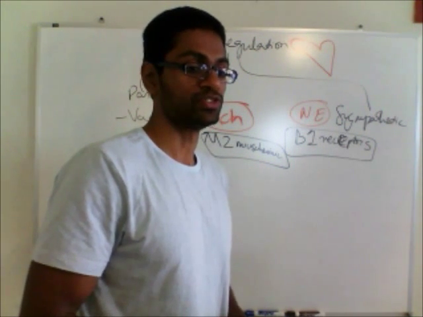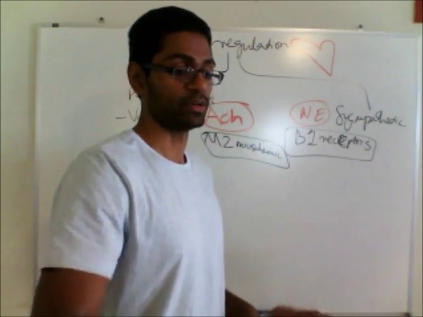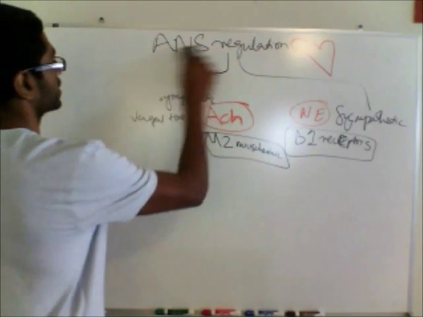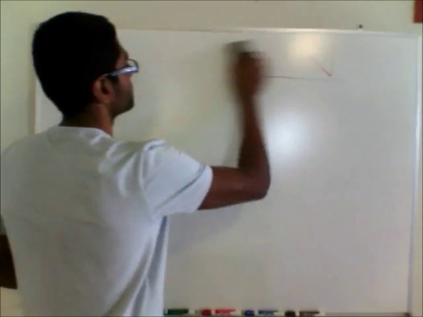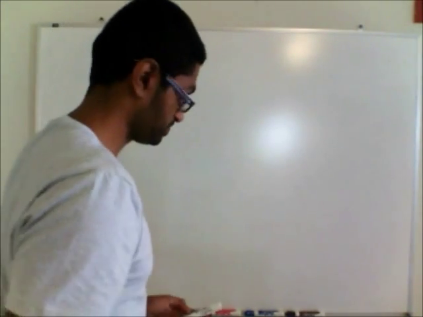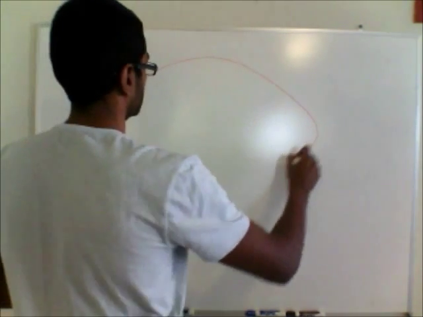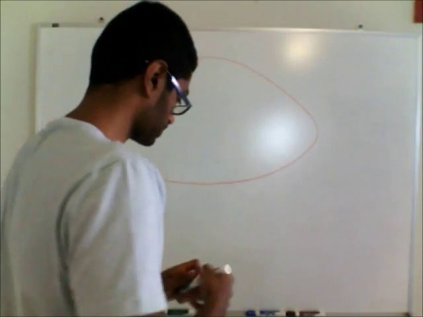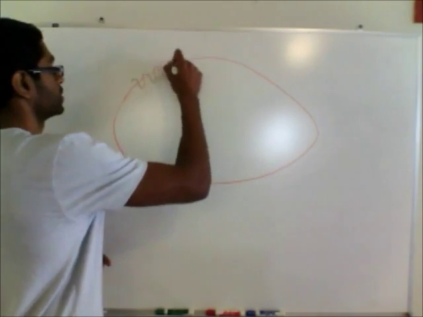All right. Now we're going to briefly talk about the effect that this has. How does this physiologically affect the SA node? First, we are going to look at sympathetic. Then we'll talk about parasympathetic. Okay, once again, bring out the SA node. What you have is this transmembrane protein.